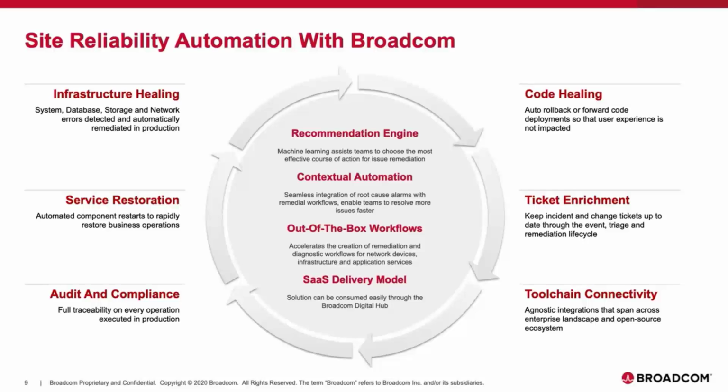This is a continuous learning process. Each time a team member selects a remediation workflow in a certain context, then the confidence score for the workflow is rated higher for that context. So it increases the effectiveness of automation remediation, and it really helps to build trust in the system.